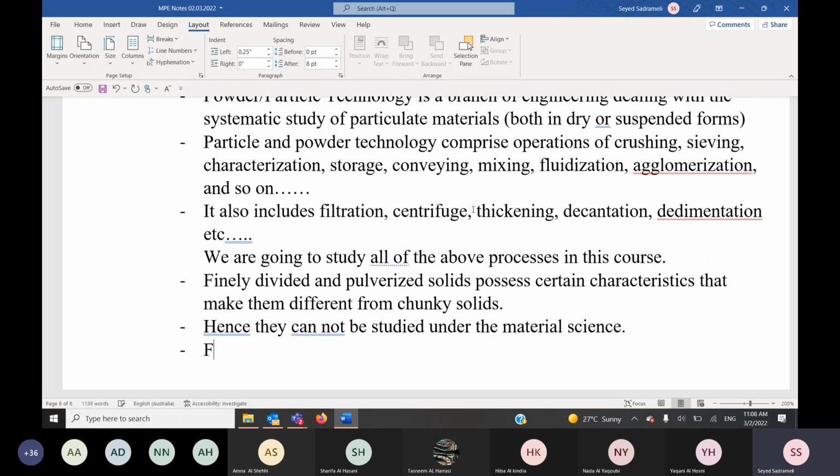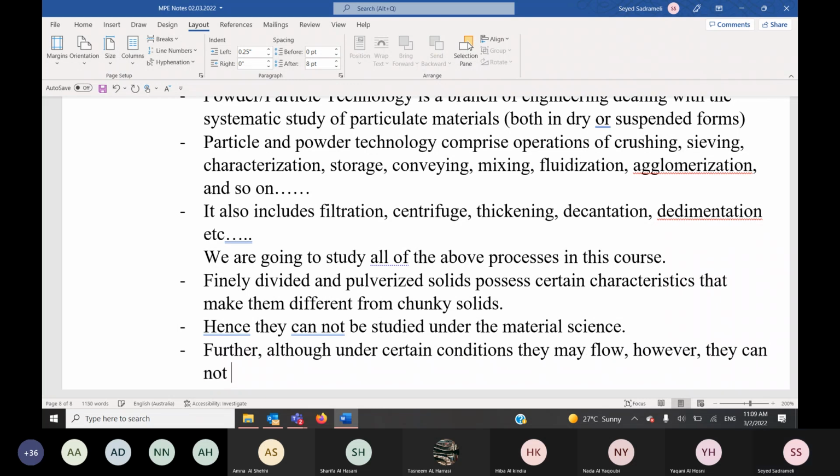Further, though certain materials go over, they cannot be addressed by classic biology for their study.